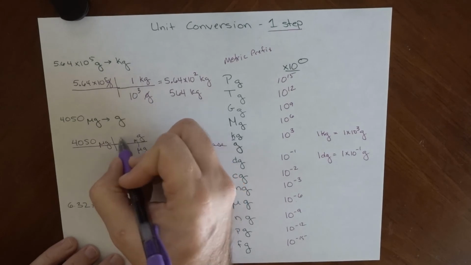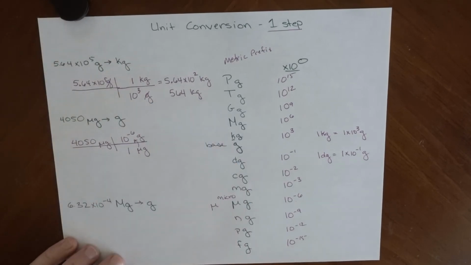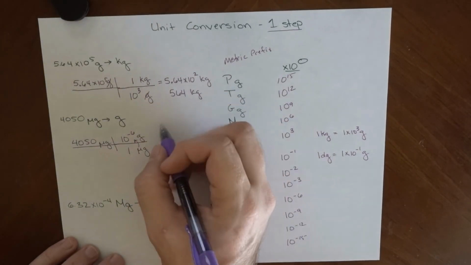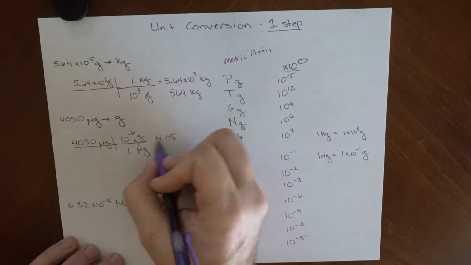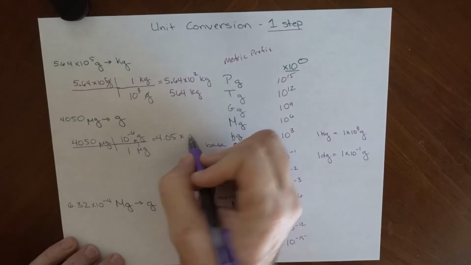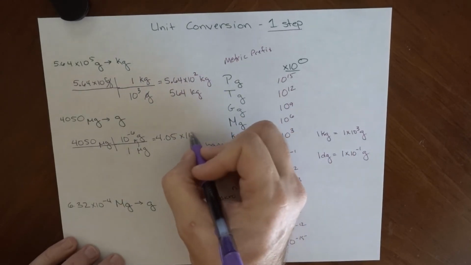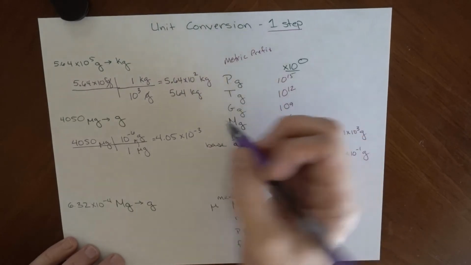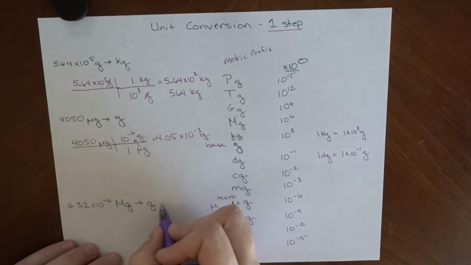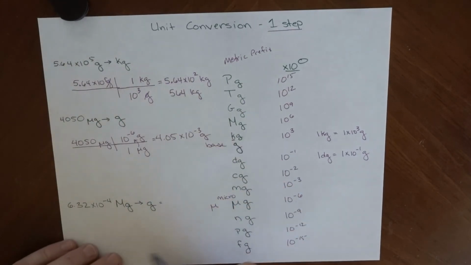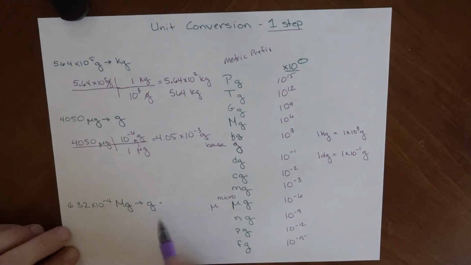So that's what goes up here. Okay? So this ends up becoming 4.05 times 10 to the minus 3, I believe, grams.